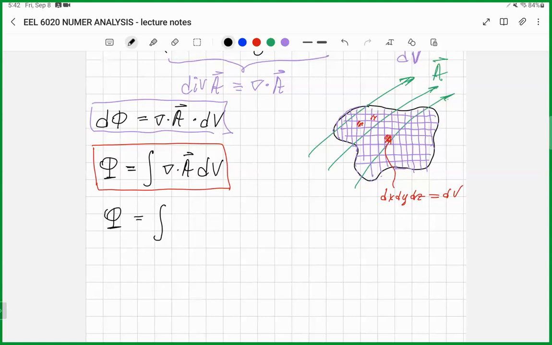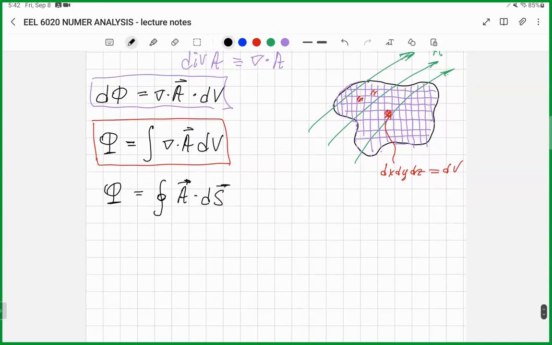And since this object has an enclosed surface, so the surface is closed, right, we put this circle here. So this is the closed surface integral, and it's given by the field itself, times the surface. Okay, and since these two formulas give the same flux, we can equate them to each other. So it gives us a very important formula.